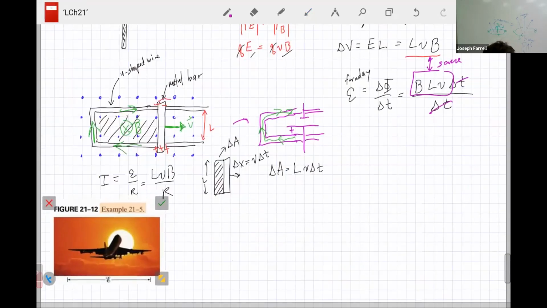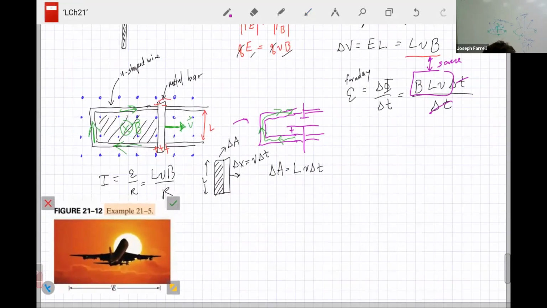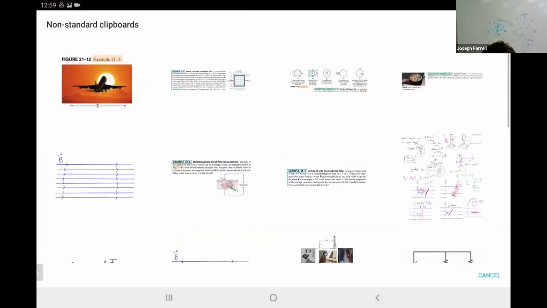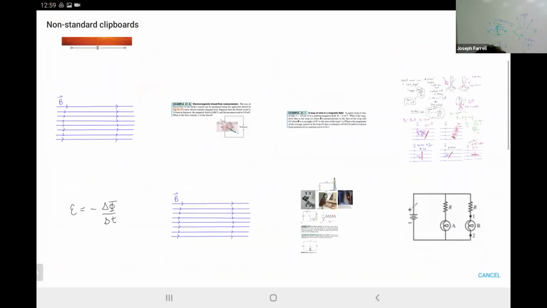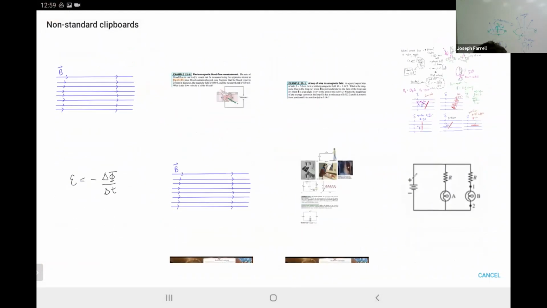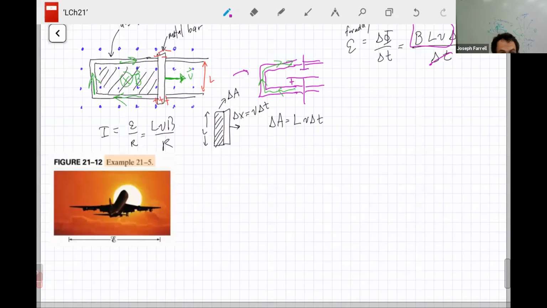So for example 21.5, we'll just do that real quick here. Does an airplane develop a large EMF?